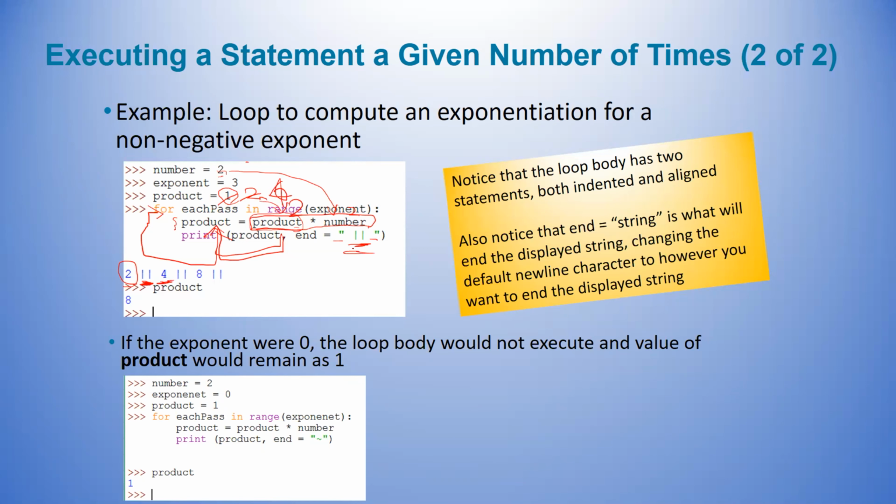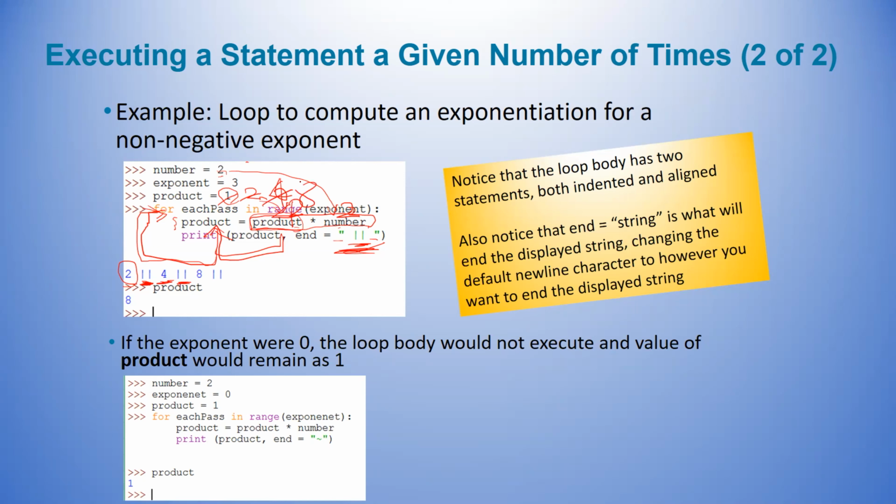And then it prints out this. Okay. And then it goes there, and each pass is 2 now, right? From 0 to 1 to 2. 2 is still not 3. So it goes to the loop body, and the product now is 4. It gets 4, and number is still 2. 2 times 4, that's 8. It assigns 8 to product.